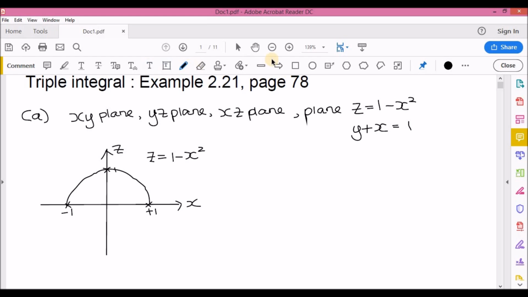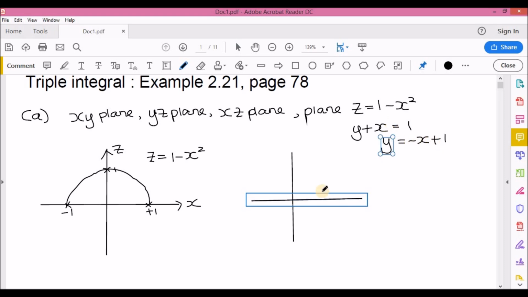For the second one, it is a straight line. If you rewrite the straight line formula, it will be y equals negative x plus 1. So the graph will be in these directions, something like this.